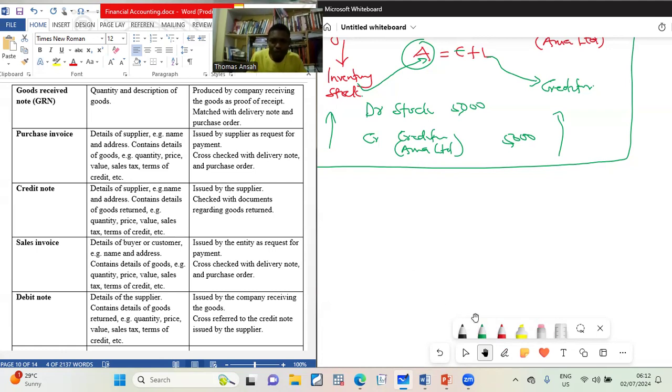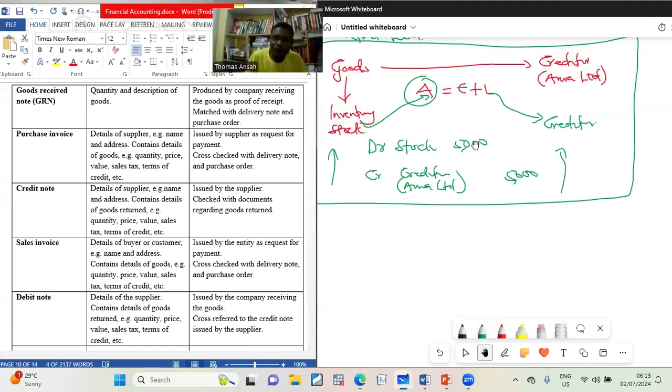Now, when we return some of the goods, it looks as if we have paid something, but it is not. We are just returning some of the goods. So our goods stock is going to decrease because we have returned some of the goods. And at the same time, our creditor is going to also decrease because we have returned some of the goods.